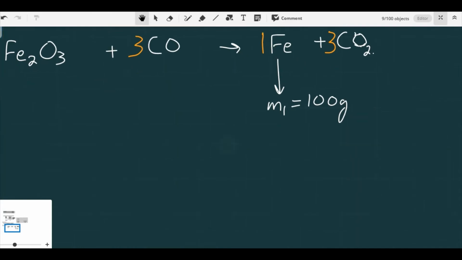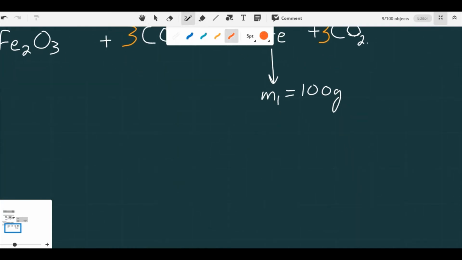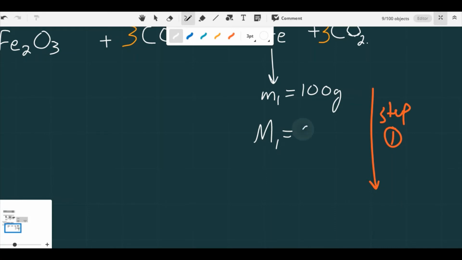As you know, step 1 is to convert the mass into moles. For conversion, we need the molar mass of iron. Let's suppose I write M1, the molar mass of iron, which is 55.85 grams per mole.